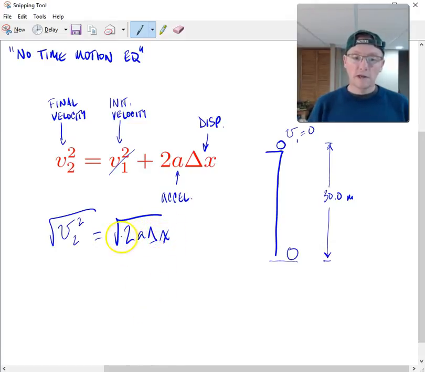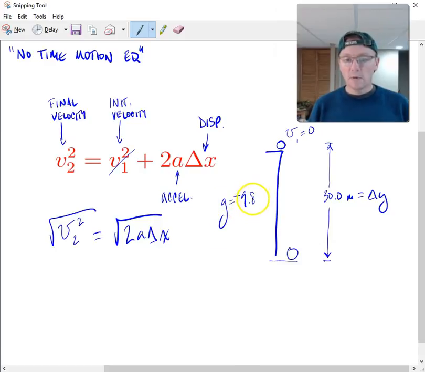Now I'm going to change this because here is technically a delta y, or a height, because it's a vertical displacement, and a is technically g because what's causing this to fall? Well, it's acceleration due to gravity, which is negative 9.81 meters per second squared, and so that technically is g.